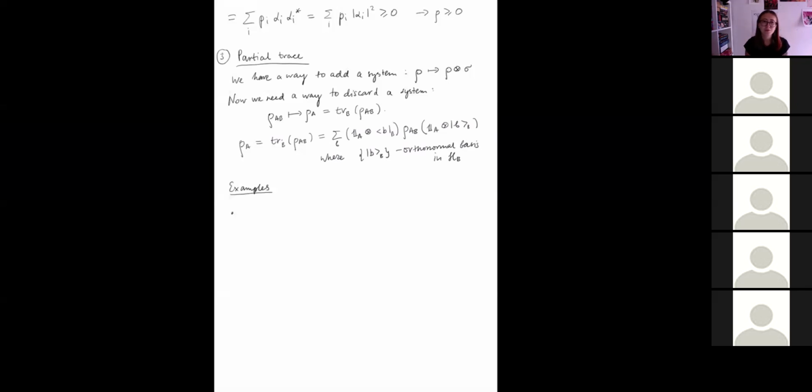Now let's look at some examples. The first example would be quite trivial, but we will go through it just to get a feeling about how the partial trace works.